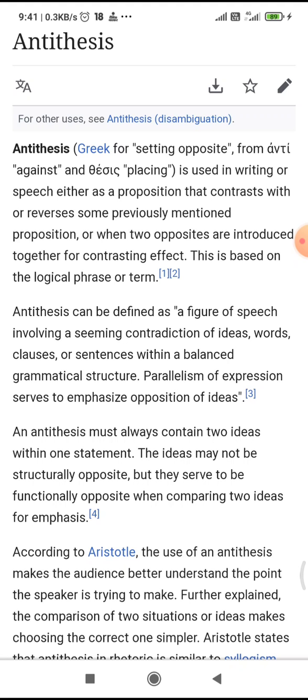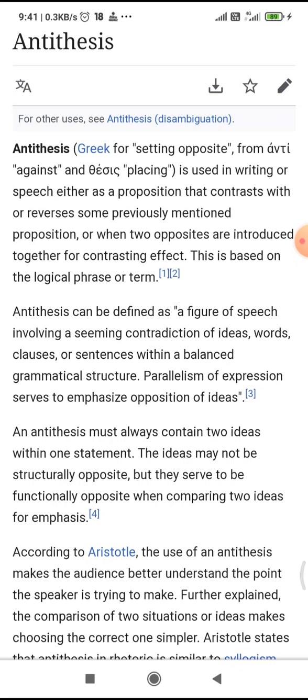According to Aristotle, the use of an antithesis makes the audience better understand the point the speaker is trying to make. As we have mentioned, it is to emphasize.